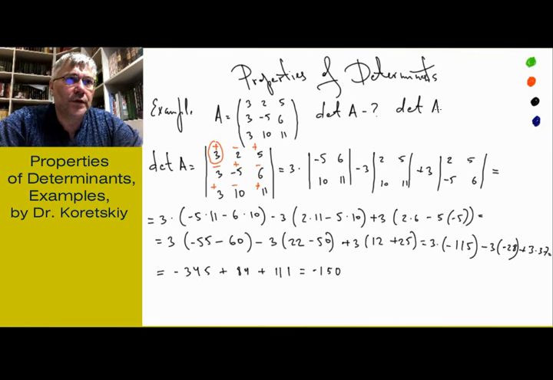The determinant of the matrix A equals minus 150. I use this red ink to highlight this answer.